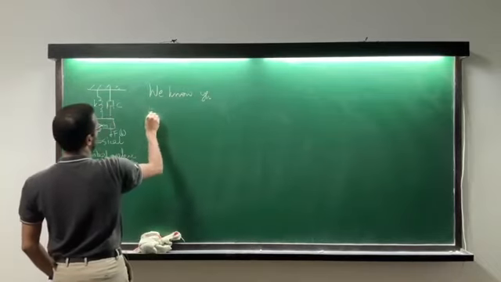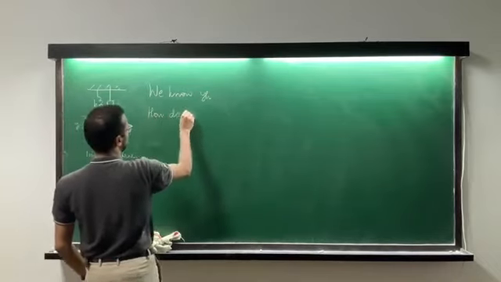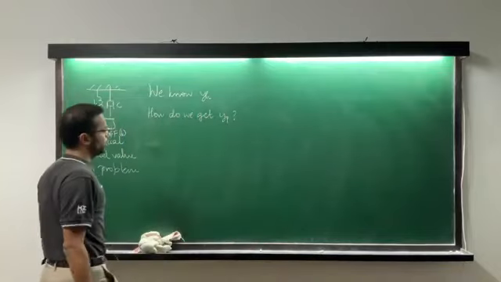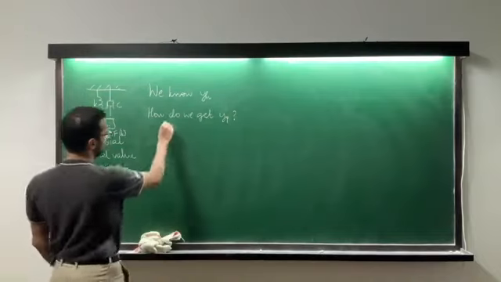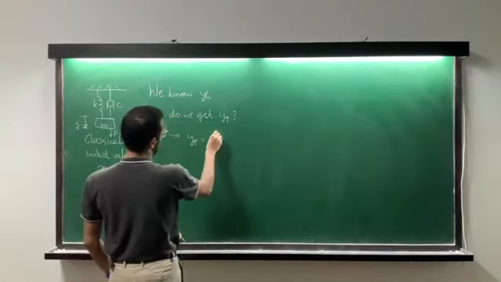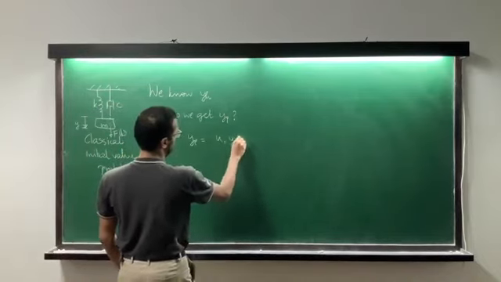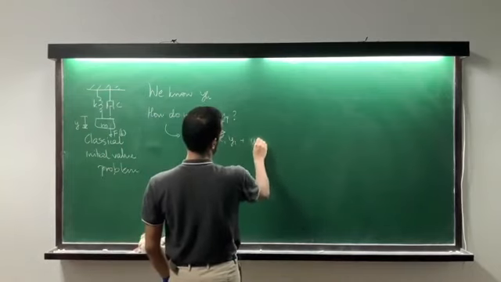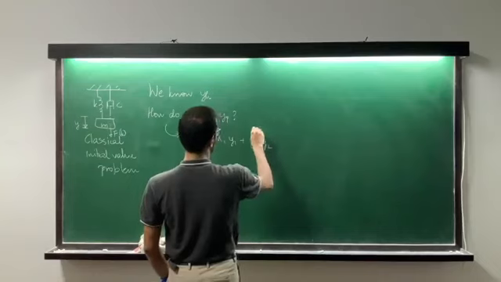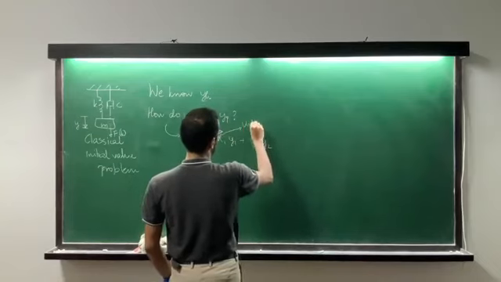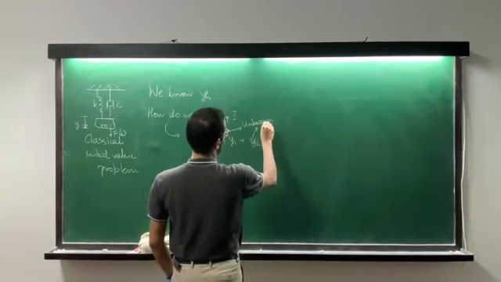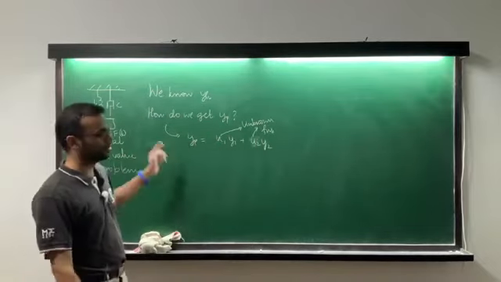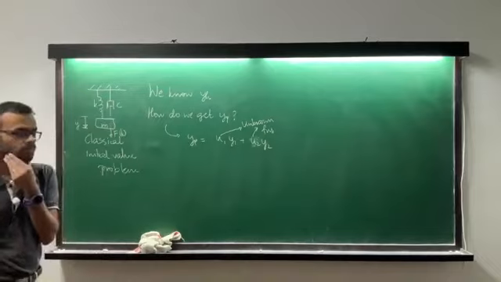So we know yh. How do we get yp? This is a standard technique you can use. yp is equal to u1 y1 plus u2 y2, where u1 and u2 are unknown functions. y1 and y2 of course are known because they are solutions of the homogeneous equation, equation 2.